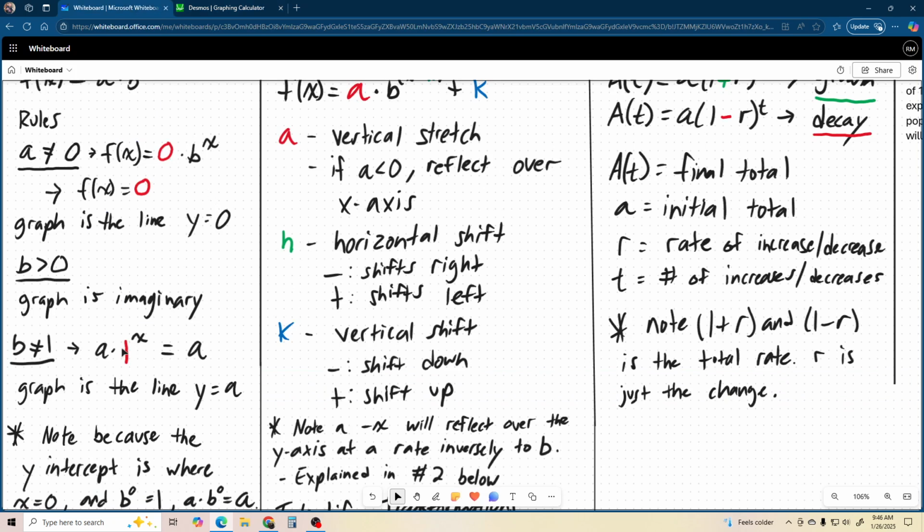And the reason why b cannot equal 1 is because 1 to any power is still just 1. So in other words, it's no longer an exponential function. It's just a linear function, because this whole 1 to the x is going to go away. If we do a times 1 to the x, it's always going to equal a.